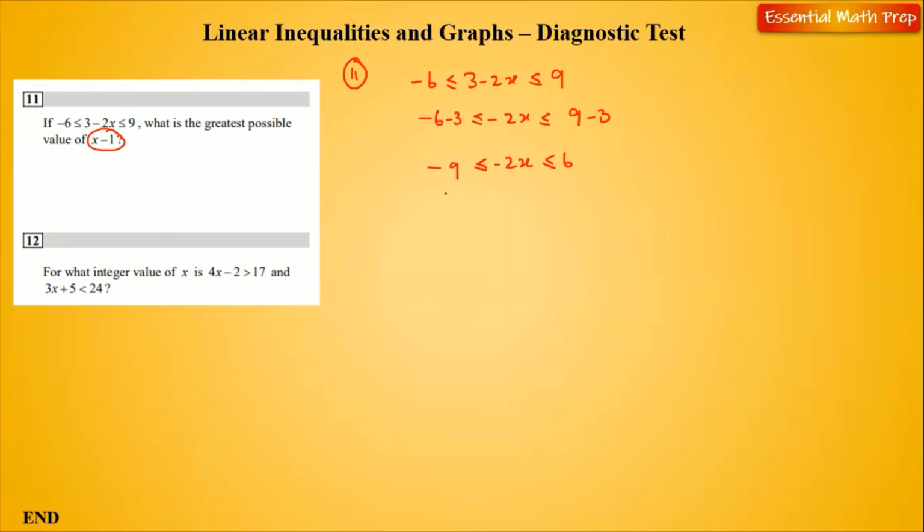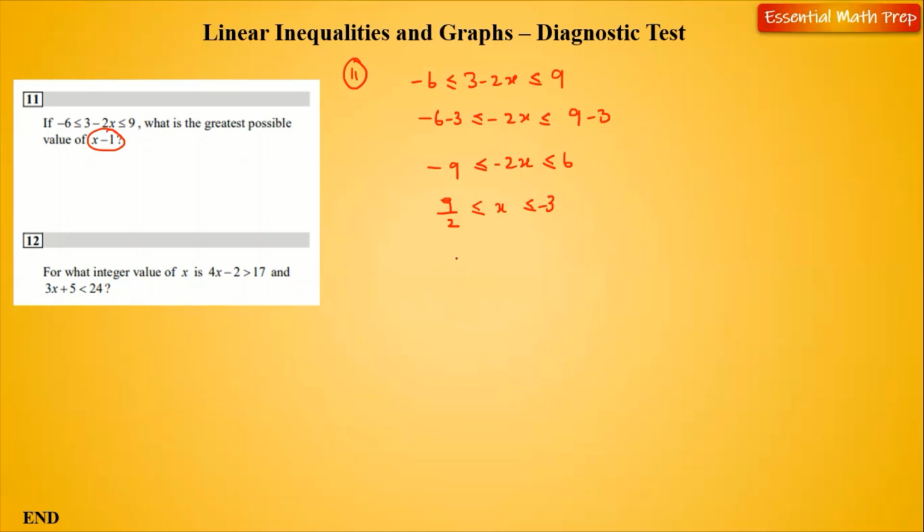So that would give you negative 9 over 2 less than or equal to x less than or equal to, oh, this would be the negative 3, right?